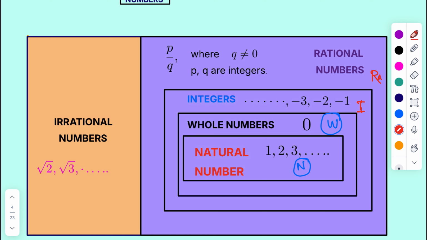And irrational numbers are not rational numbers; they are separate. All these number sets constitute the real number set which we are reading. Rational and irrational numbers both are real numbers.